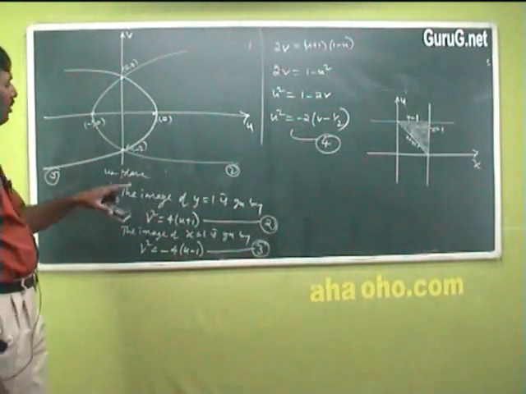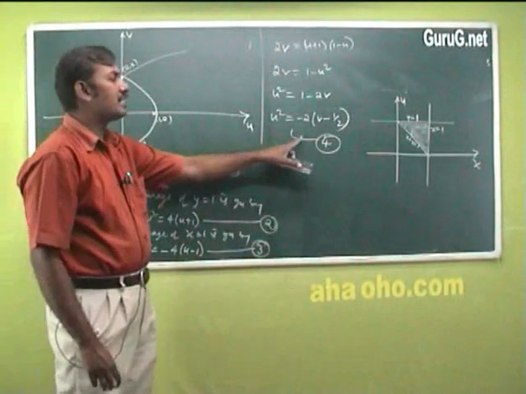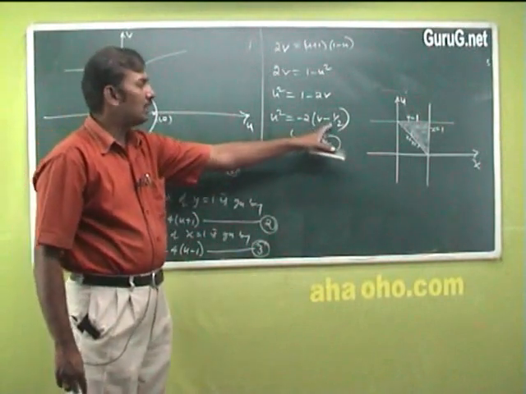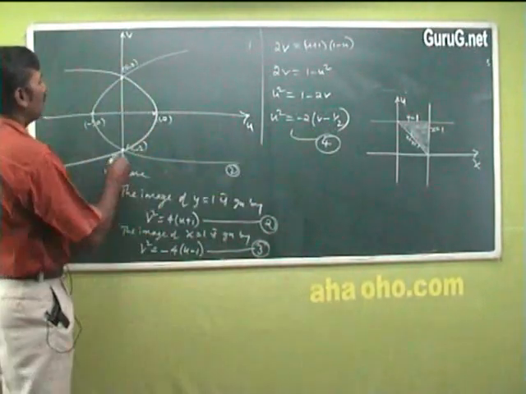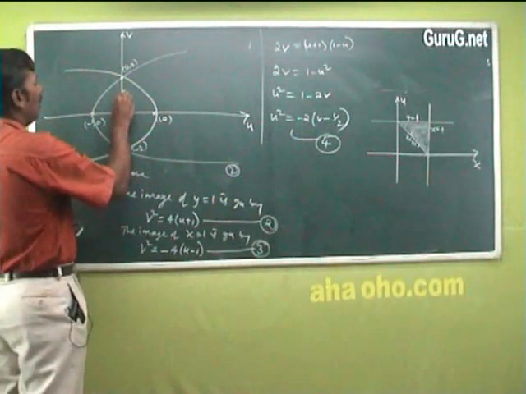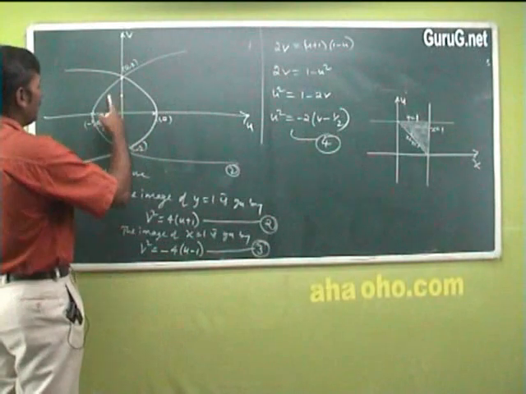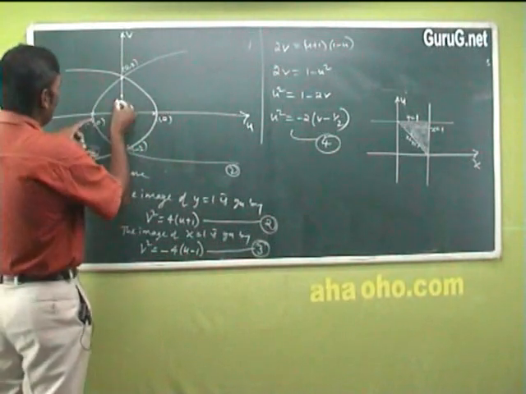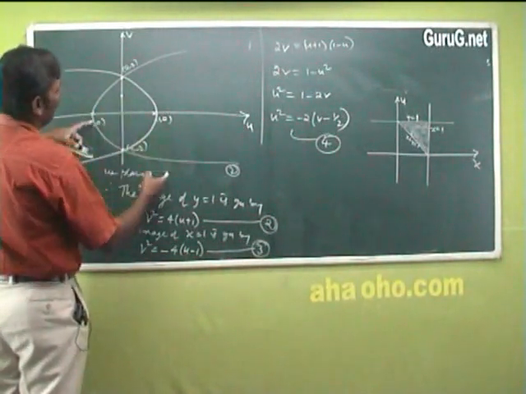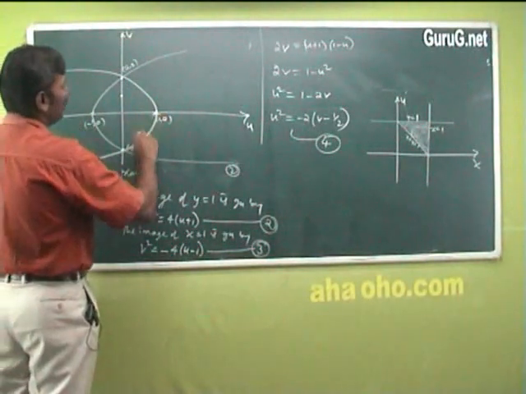Now the fourth equation is a parabola with vertex 0, 1 by 2, and it is vertical. Whether it passes through this point or not, we can check.